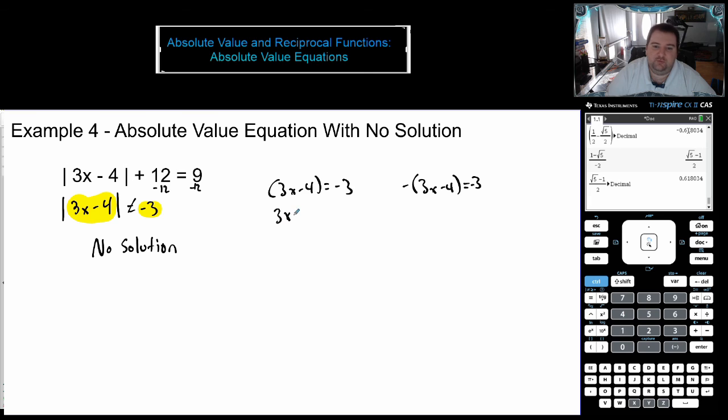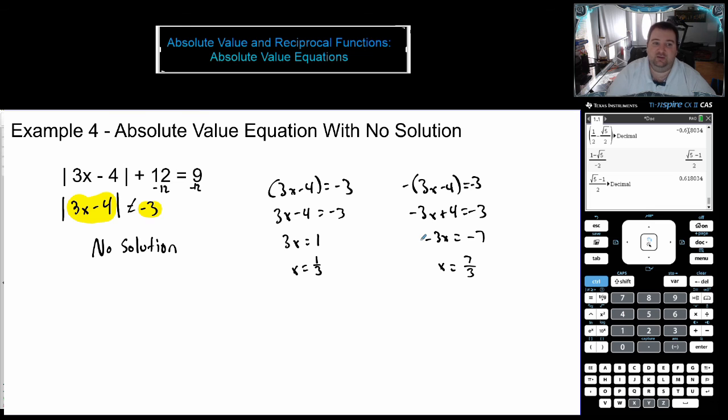So 3x minus 4 equals negative 3, 3x equals 1, x equals 1/3. Here we have negative 3x plus 4 equals negative 3, then negative 3x equals negative 7, and we have x equals 7/3.